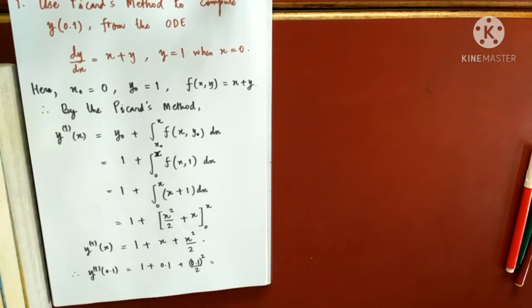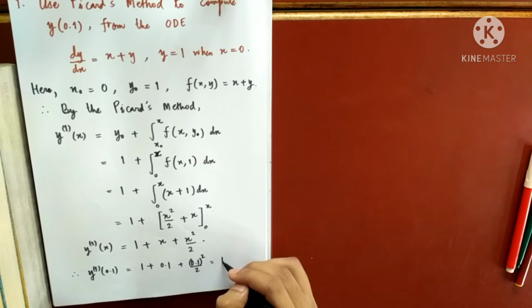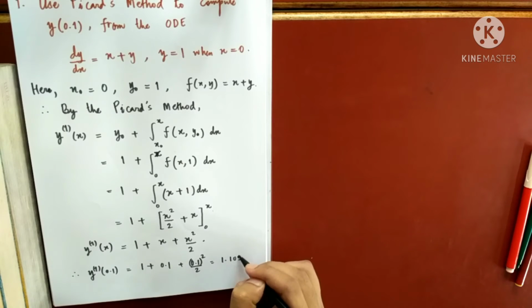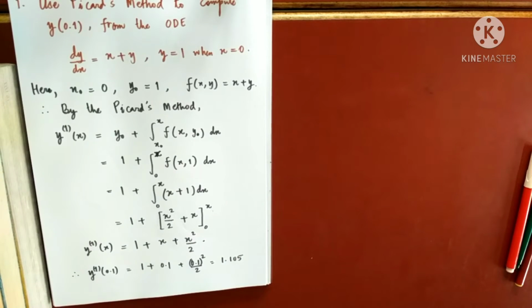So please solve it. So this will become 0.1 square divided by 2 plus 0.1 plus 1. So what am I getting? The value at 0.1 is coming as 1.105.